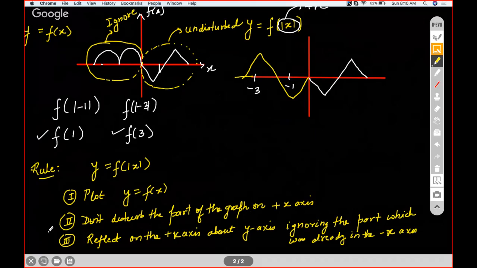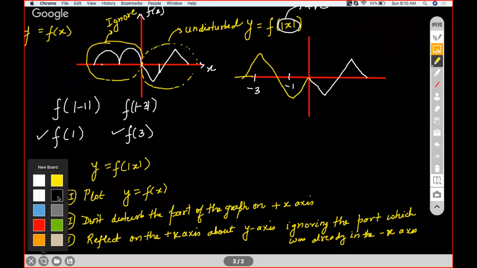You ignore it because the absolute value of x is never negative. That's why you ignore the part on the negative x-axis. The negative x-axis graph came because the function was given a negative input. But this time, because there's a mod of x involved, you will never be able to give the function a negative input.